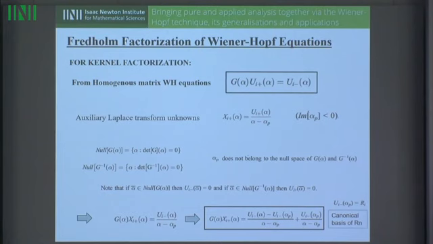What we do here is use auxiliary Laplace transforms in this case. So we define, according to u_i plus, this xi_i plus with a fake pole alpha_p, a pole that we include in the formulation that does not belong to the null space of G, the kernel, and its inverse.